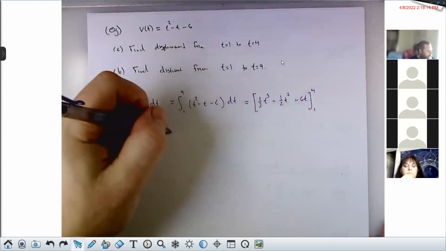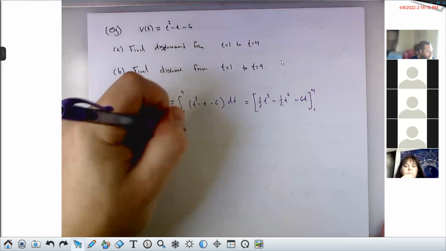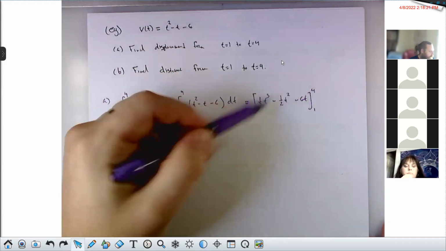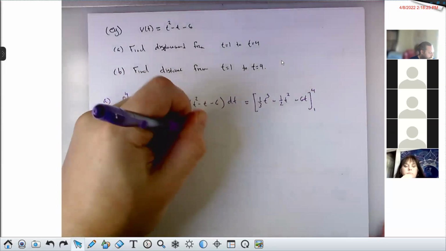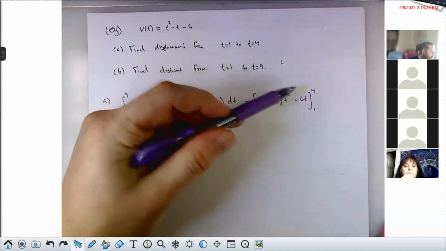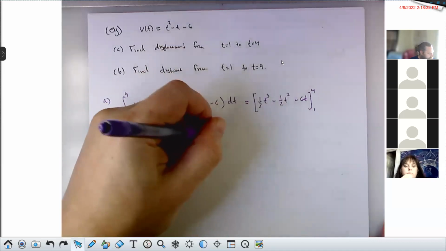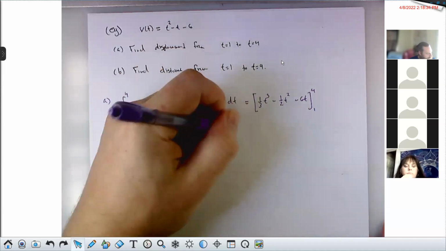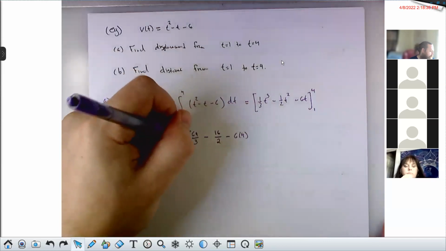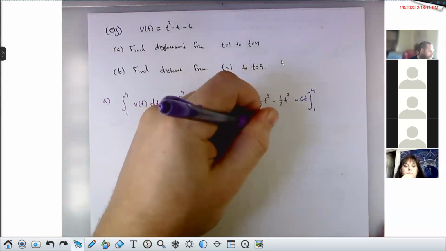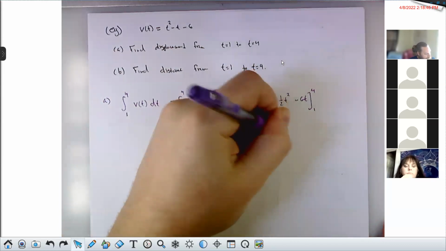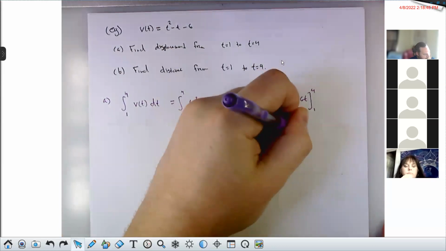The evaluation step here is going to be a little messy, so I'll give myself some space. This is, let's see, 4 cubed is 64, so that's 64/3 minus 4 squared is 16, so that's 16/2 minus 6 times 4. And we subtract what we get when we plug in 1, which is just going to be 1/3 minus 1/2 minus 6.